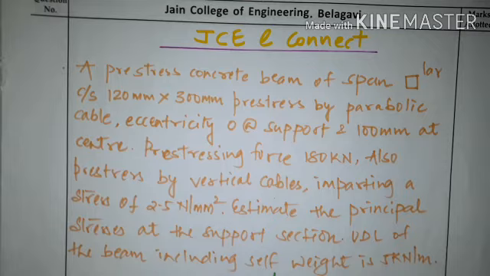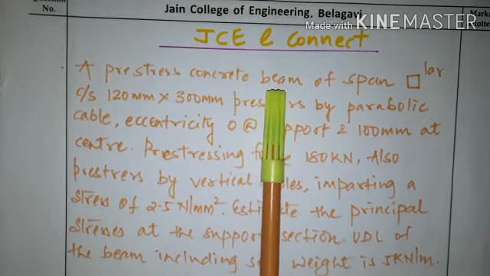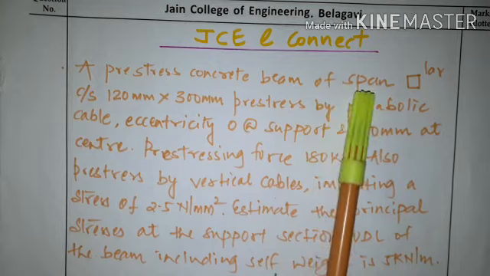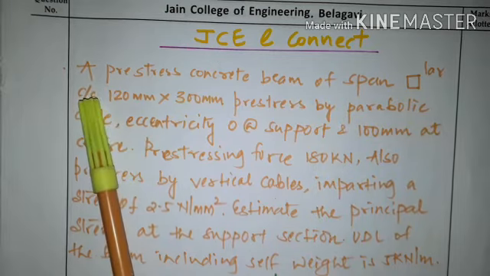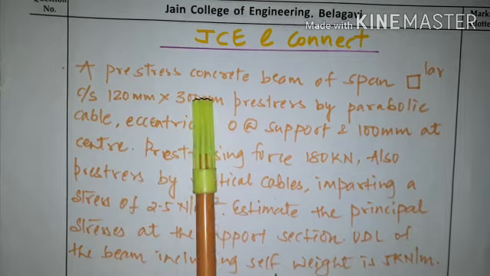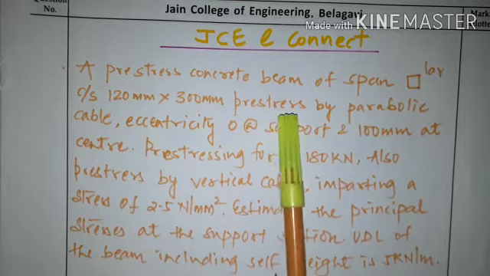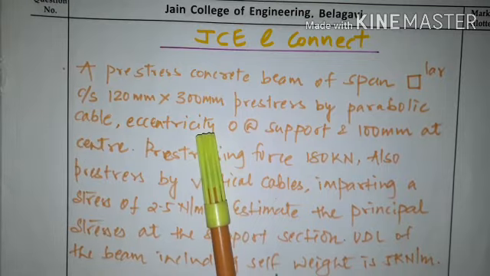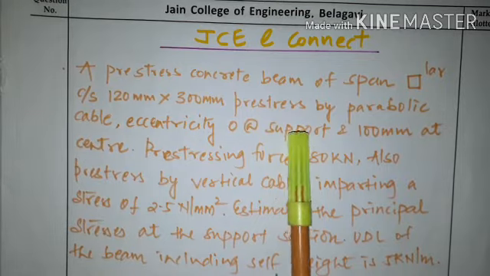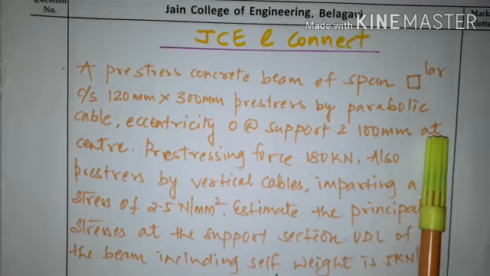Okay, so I'll read the problem. A pre-stressed concrete beam of span 10 m, rectangular cross section 120 mm wide, 300 mm deep, pre-stressed by parabolic cable, eccentricity 0 at support and 100 mm at center.